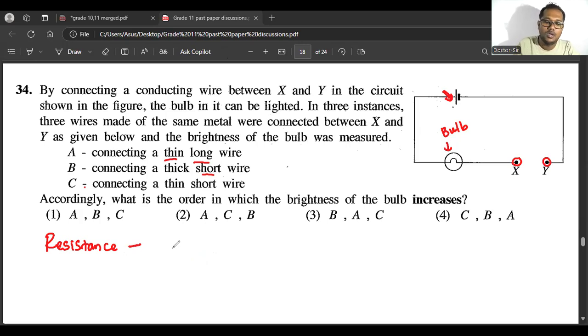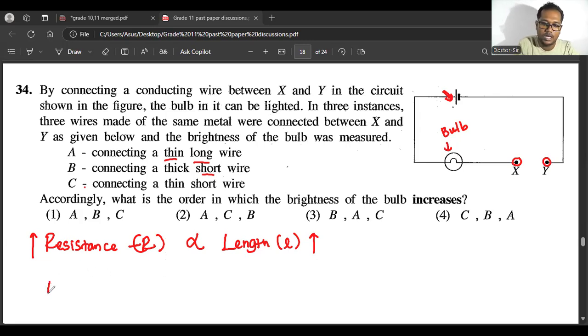Then length. The resistance R is directly proportional to the length L. If the length increases, the resistance will increase.